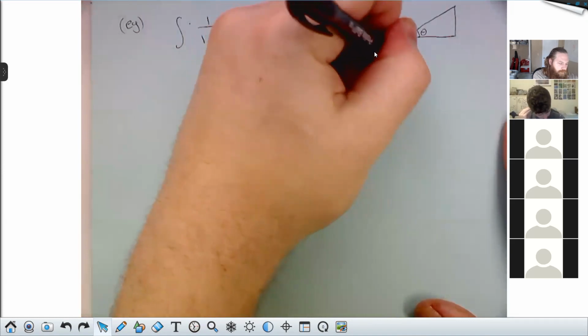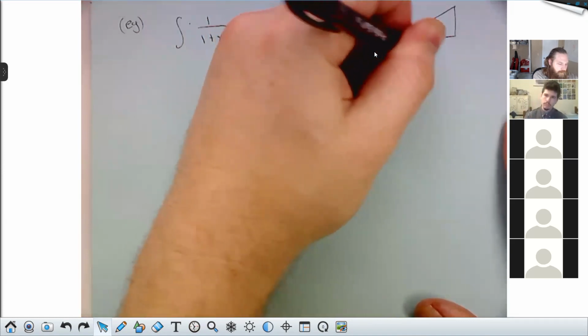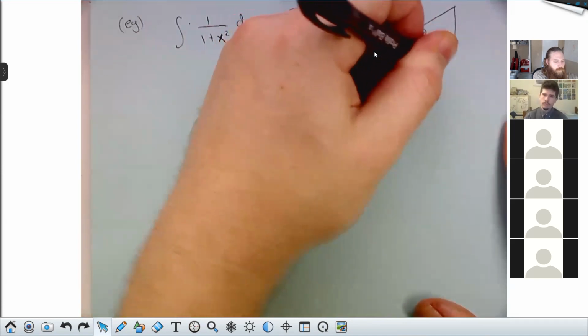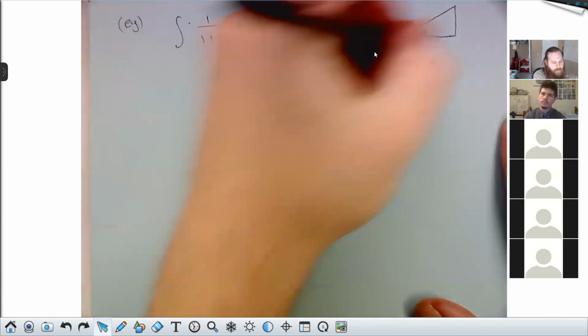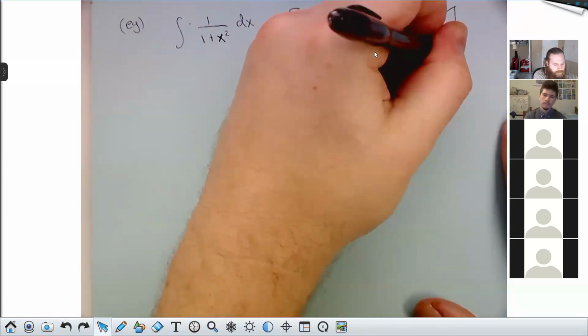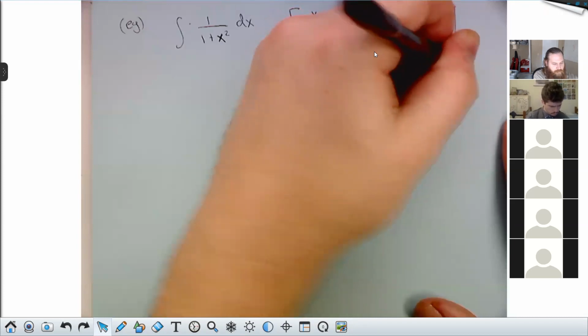Now I know that tan theta is x over 1, right? Because there's just a 1 here. And I can think of this as my opposite and this as my adjacent.